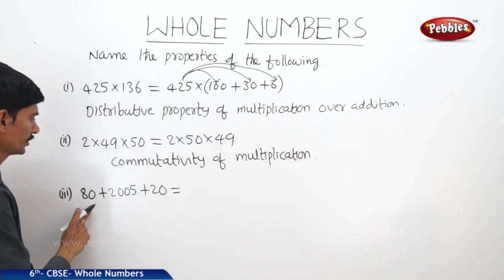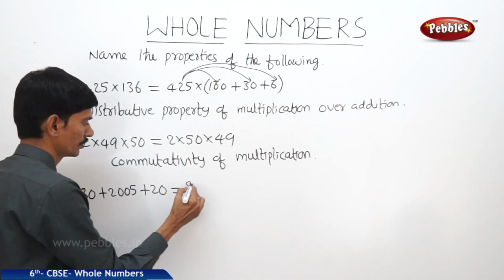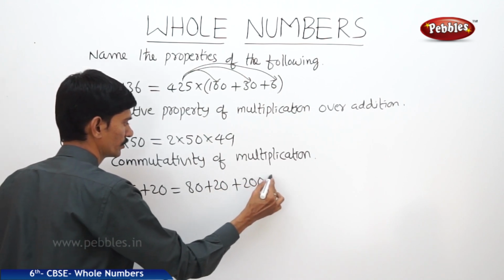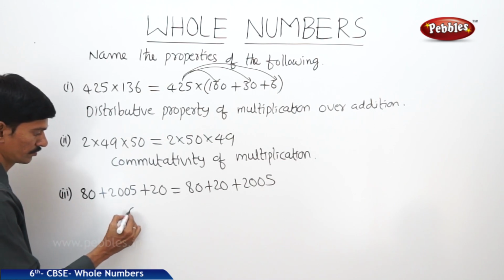Next, 80 plus 2005 plus 20 equals to 80 plus 20 plus 2005, and this is the commutativity of addition.